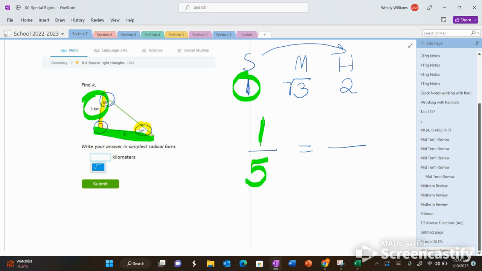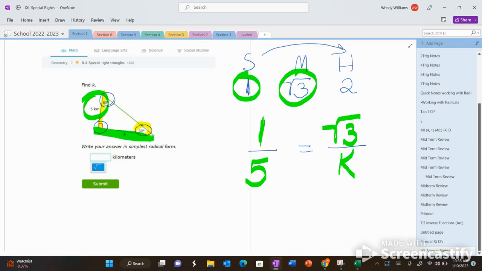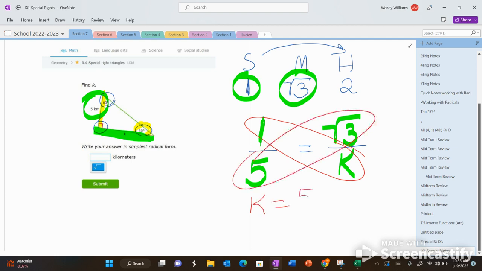They want the medium, so we're going to compare that square root of 3 compared to k. Cross multiply. K equals 5 square roots of 3. And you're done.